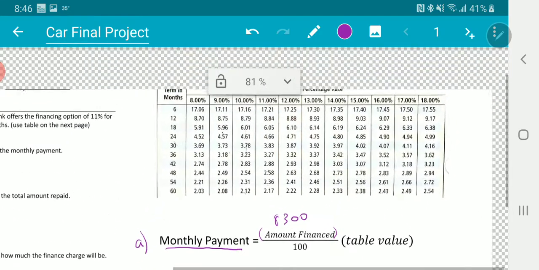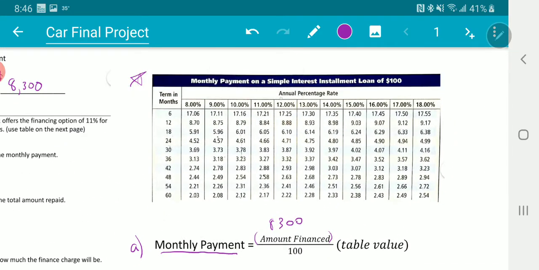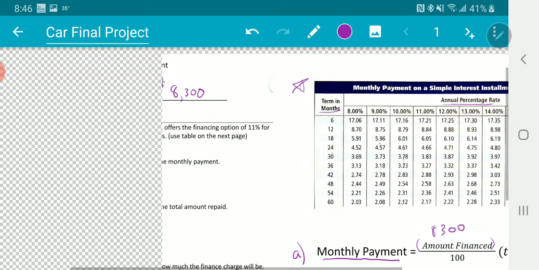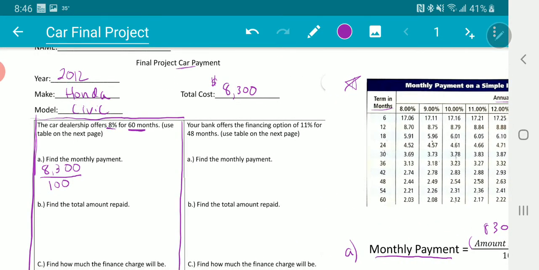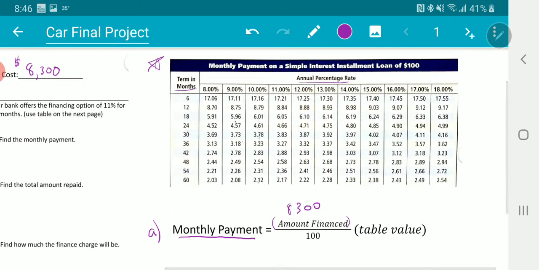Now when I look at this table, it looks like I've got APR percentages and term in months. So what kind of information was I given there? Back on the sheet, it said 8% for 60 months. So, let's see here. 8%, that's this one. For 60 months, when I follow this down and I follow this over, I've got 2.03.